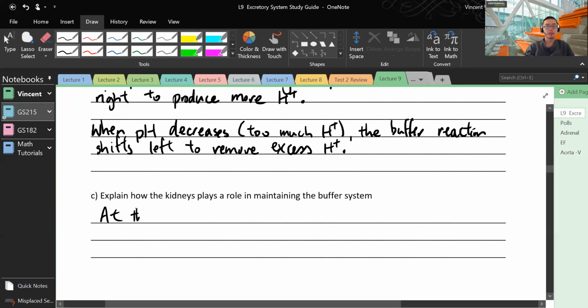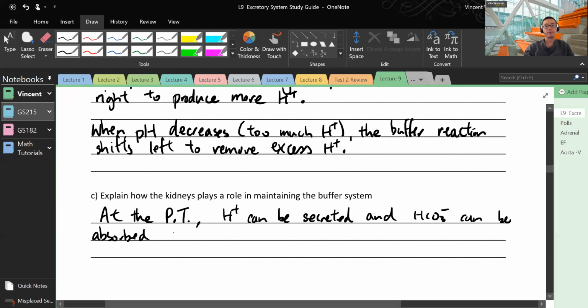At the proximal tubule, you can secrete H+, and bicarbonate can be absorbed to help increase blood pH.